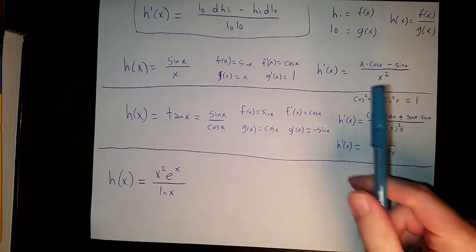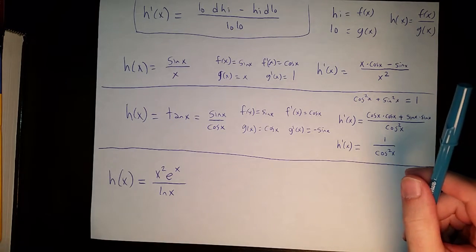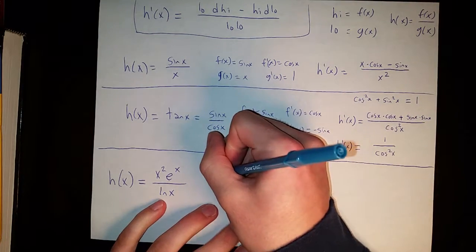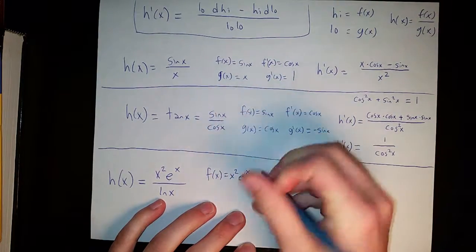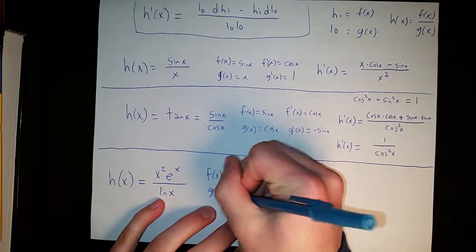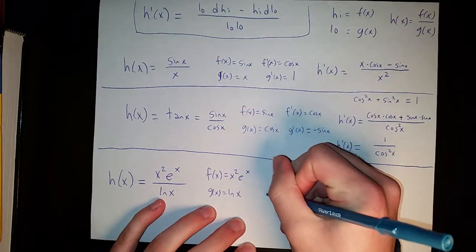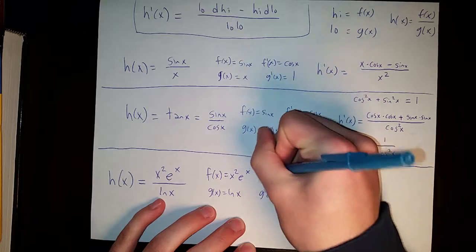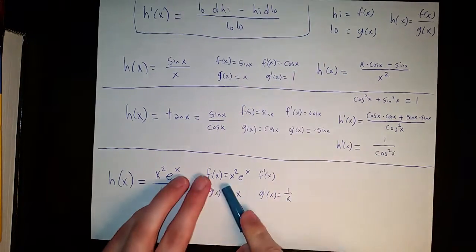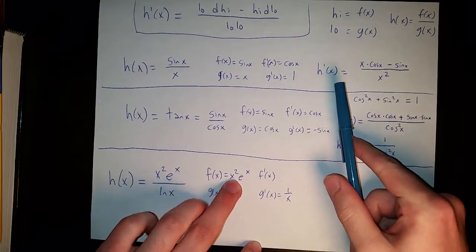Okay, so this one's a doozy. Alright, so f of x equals x squared e to the x, and g of x equals ln x, natural log of x. Alright, so what does this equal? We're going to use a product rule on this one.